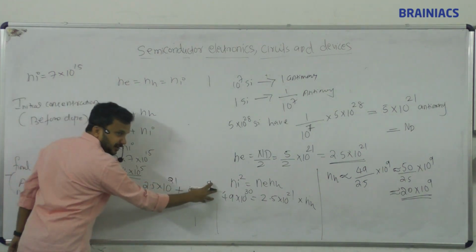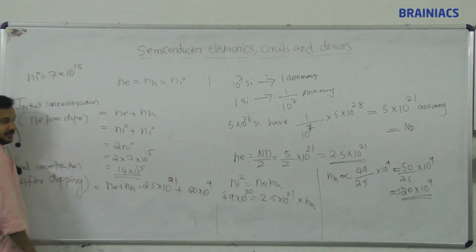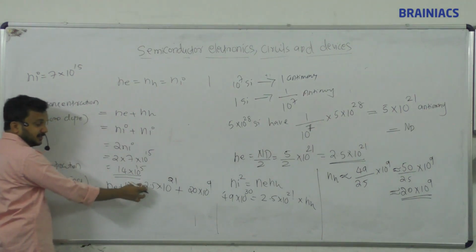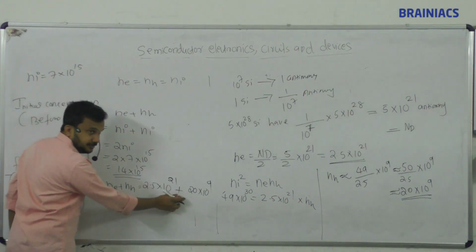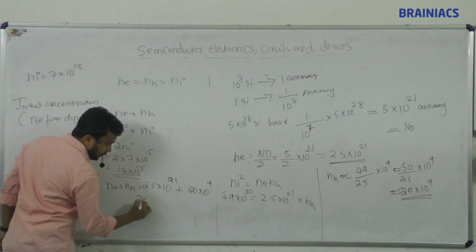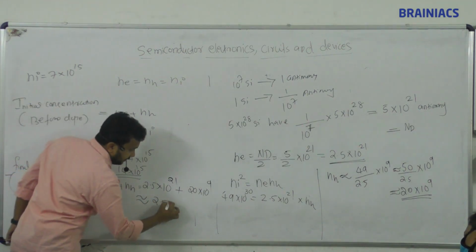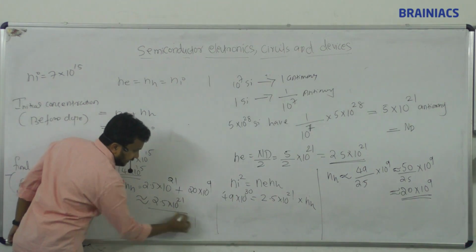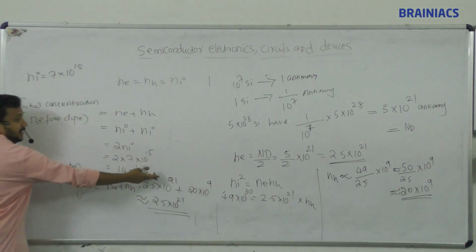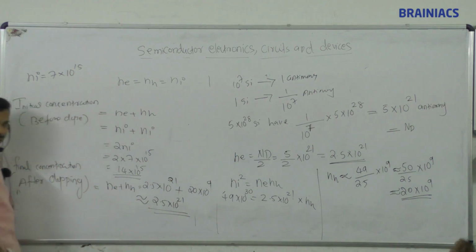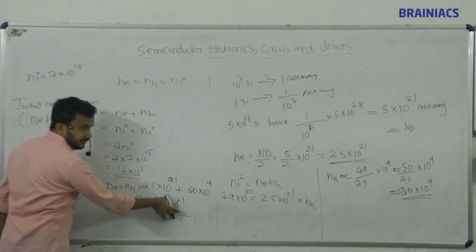This is a small number and this is a higher number. The number of electrons is very high compared to the number of holes. So this is approximately 2.5 into 10 power 21. I neglected 10 power 9 compared to 10 power 21.